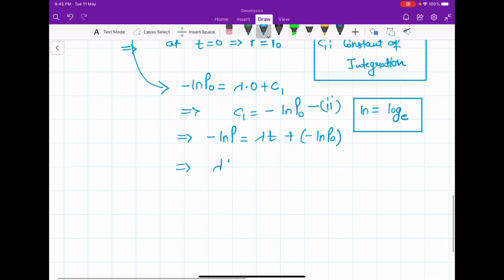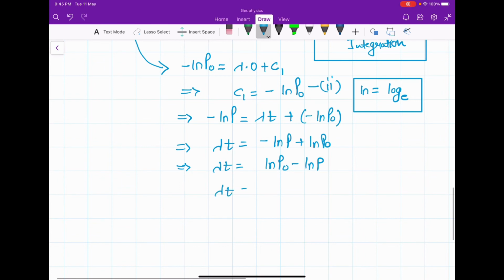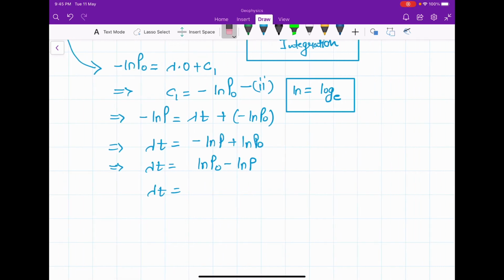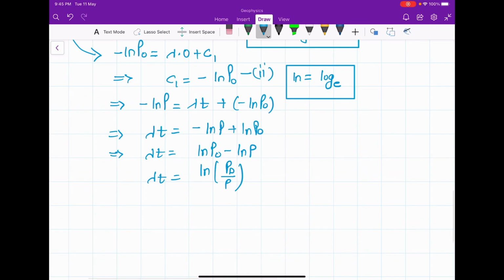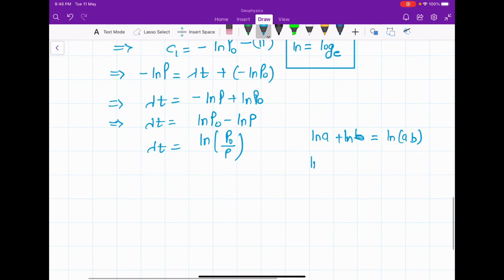So that will give lambda t equals minus ln P plus ln P naught, or you can say lambda t equals ln P naught minus ln P. So that will be lambda t equals ln of P naught divided by P, because the properties of log are: ln a plus ln b equals ln of the product, and ln a minus ln b gives ln a divided by b.